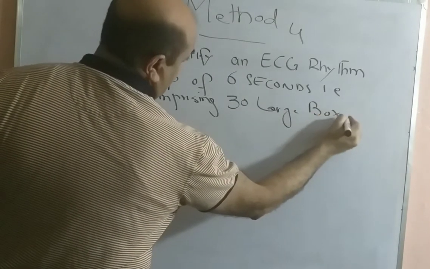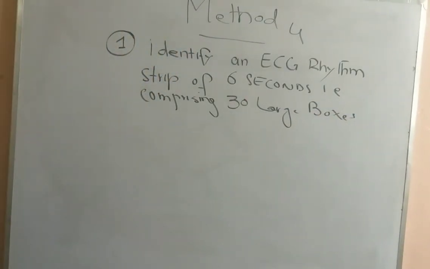So this is step 1, that you will identify an ECG rhythm strip of 6 seconds that comprises 30 large boxes.